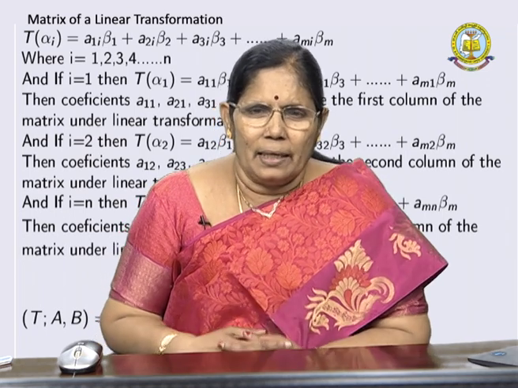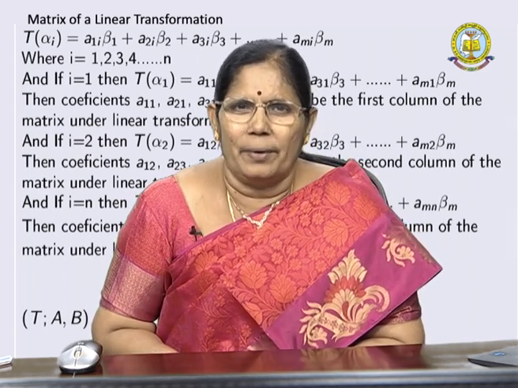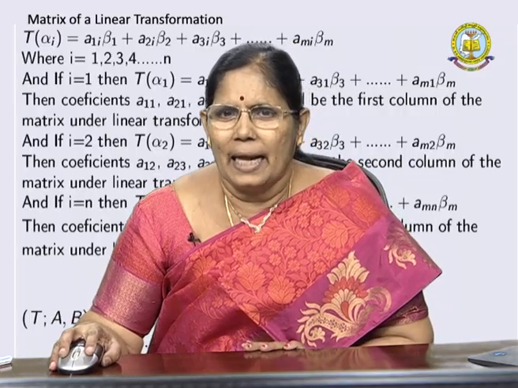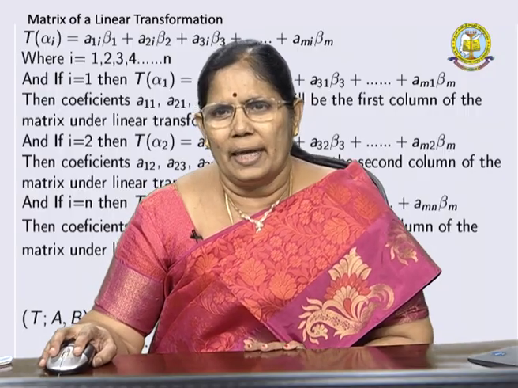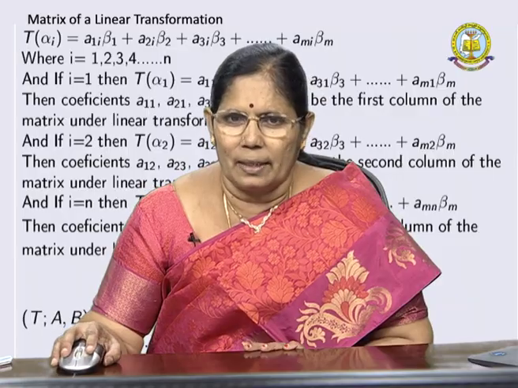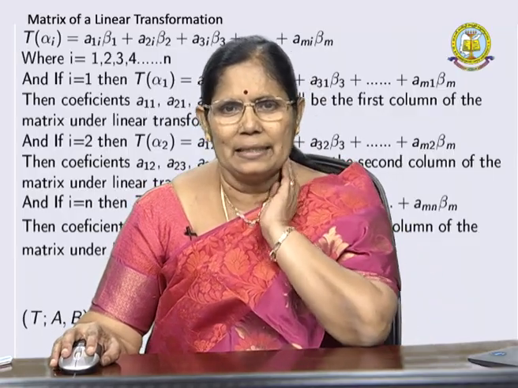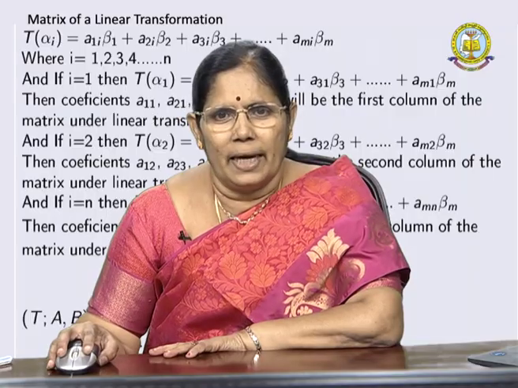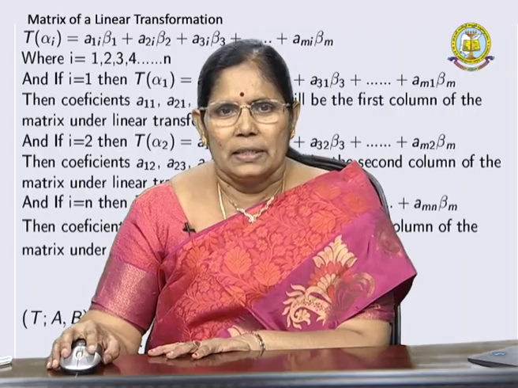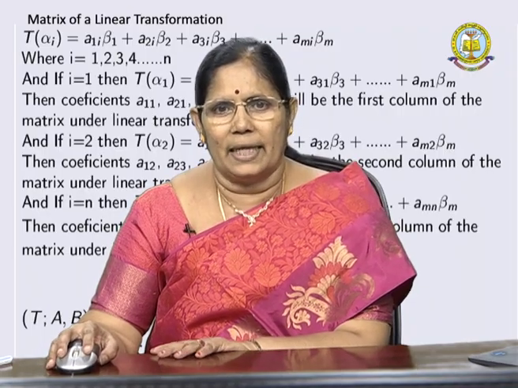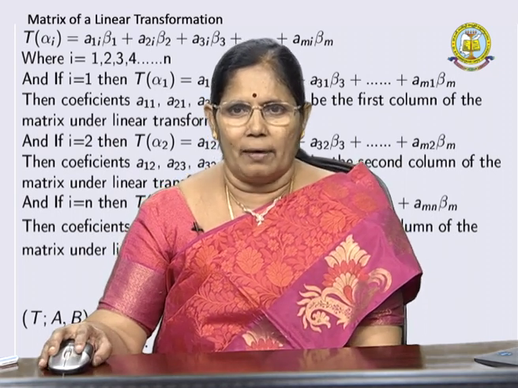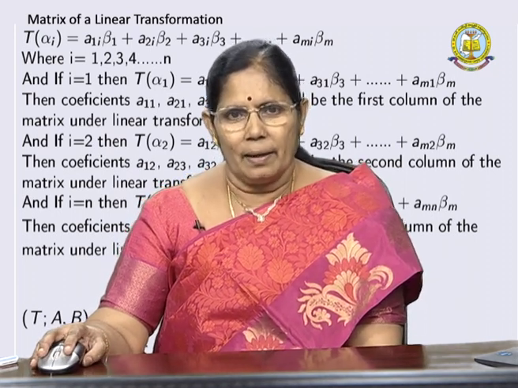Now, see here, if T is a linear transformation from U into V, each T alpha j can be expressed as a linear combination of beta 1, beta 2, etc., beta m. Just as in the above theorem, T of alpha j is a1j beta 1 plus a2j beta 2, etc., amj beta m. So, these scalars a1j, a2j, etc., amj are the coordinates of T of alpha j in the ordered basis B dash.